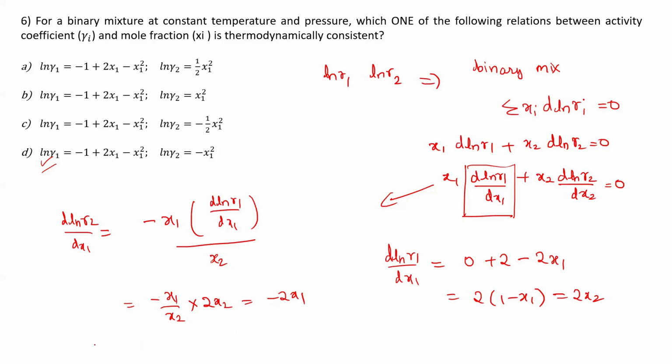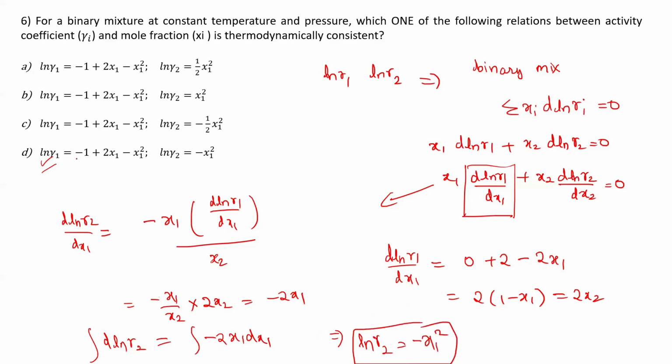Now on integration, I should be writing d ln gamma 2 equals minus 2x1 dx1. On integration, I'll be getting ln gamma 2 equals minus x1 square. So this one.